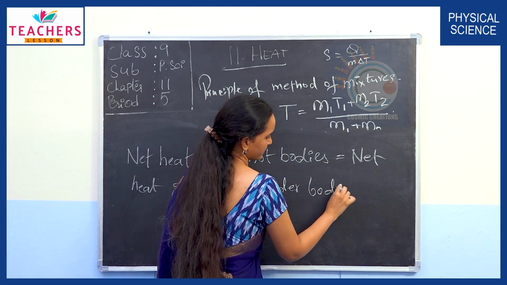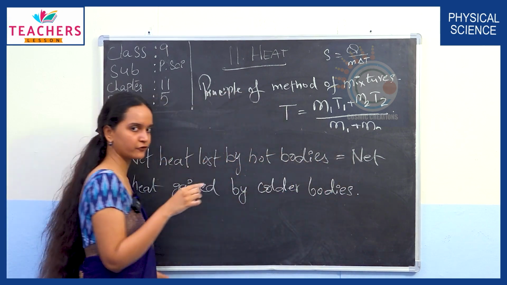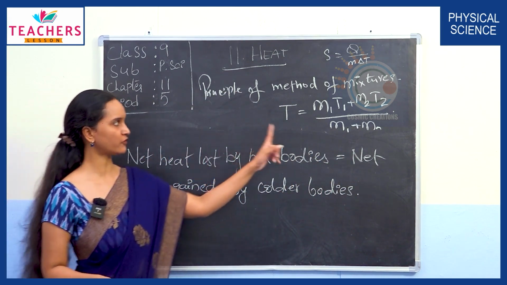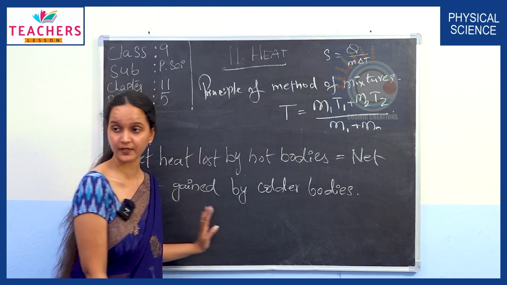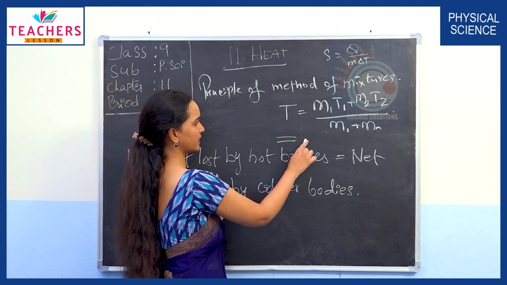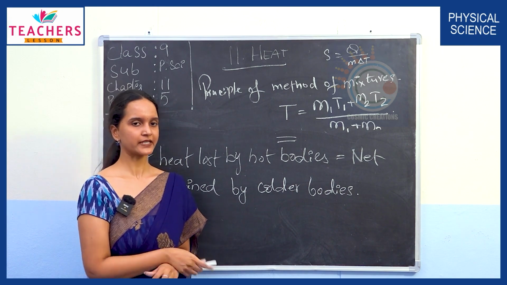Because when bodies are in thermal contact, heat flows. That is the principle of method of mixtures, and using this principle we have derived the formula to find the temperature of the mixture when samples are mixed.